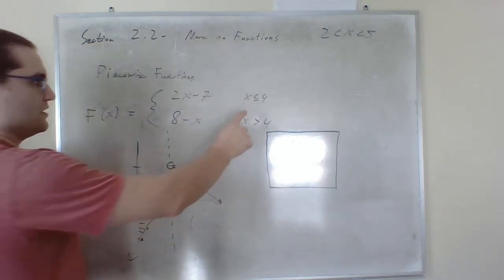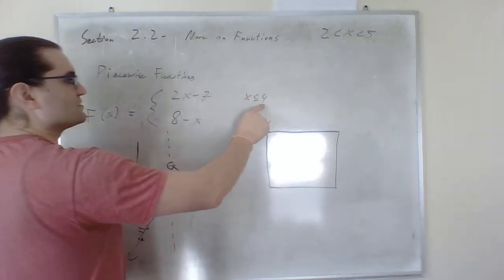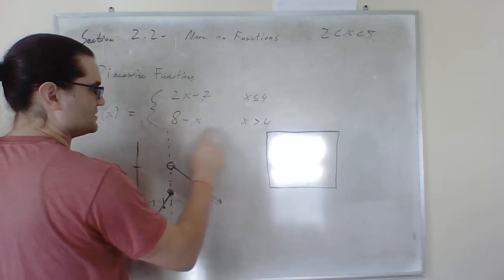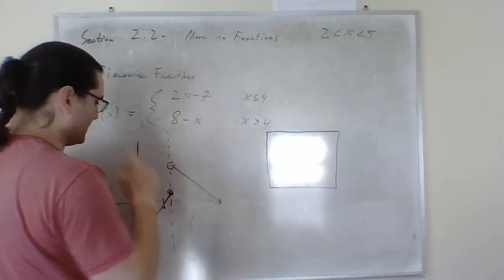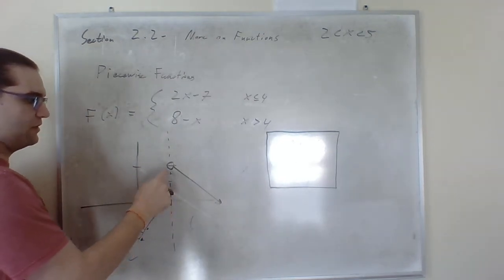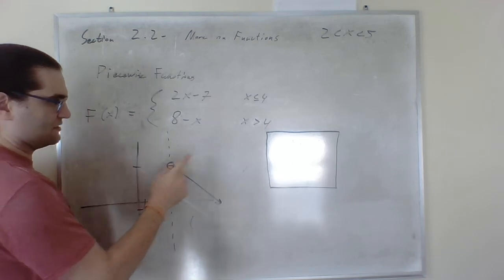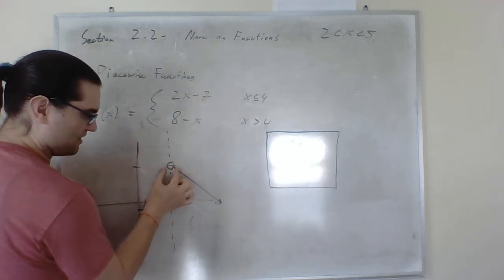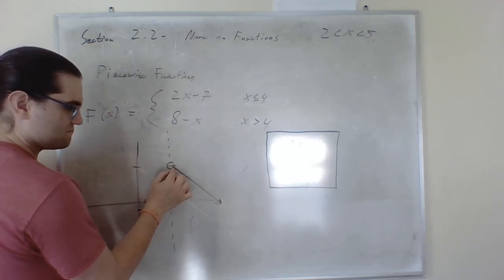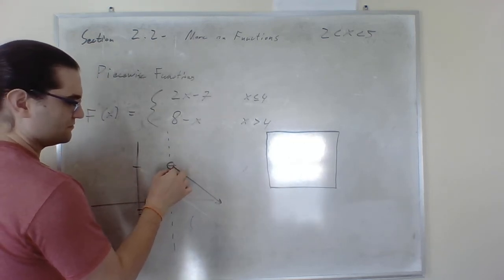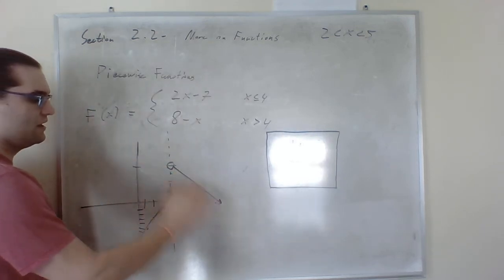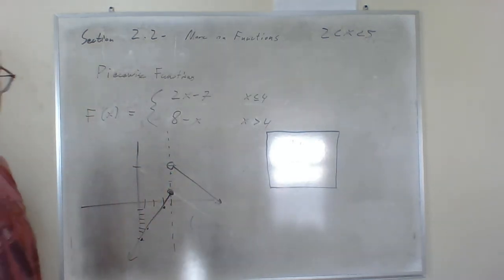So because when x equals 4, we're going to use this rule instead of this rule, that means that this one gets the shaded in dot, because that's what happens when x equals 4. And this gets a hollow dot, because that's what happens at everything really, really infinitely close to 4. Like 4.000001, that uses this one. You could throw in a few more zeros before that 1, you're still using this guy. So that's piecewise functions.